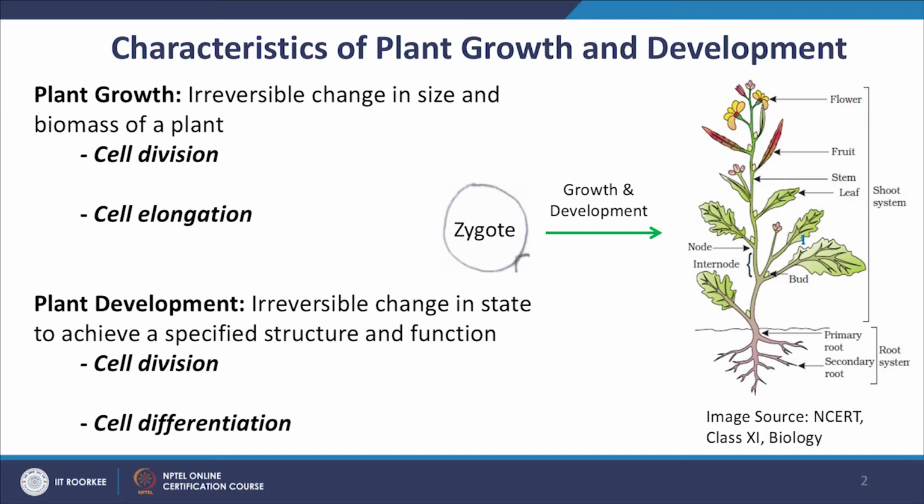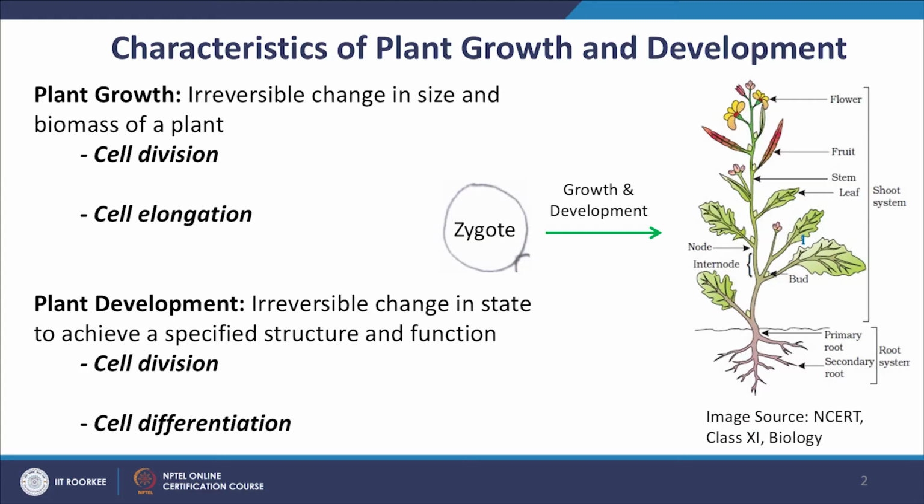It starts after germination, as you will see in the later part. Plant growth is defined as an irreversible change in the size and biomass of a plant, and development is an irreversible change in state to achieve a specified structure or specified function.